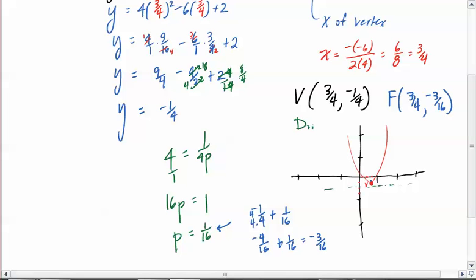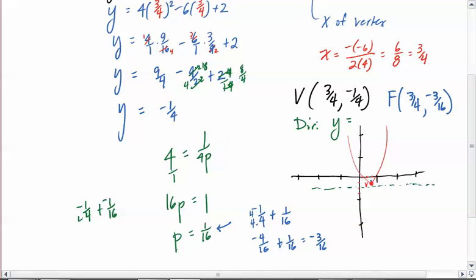So here's the directrix then. It's going to be y equals. It's going to be this green dashed line that I've drawn here, and that green dashed line is going through not -1/4, but it's going down -1/4 plus another 16th. So I'm going to take a fourth and then keep going another 16th, so another negative.